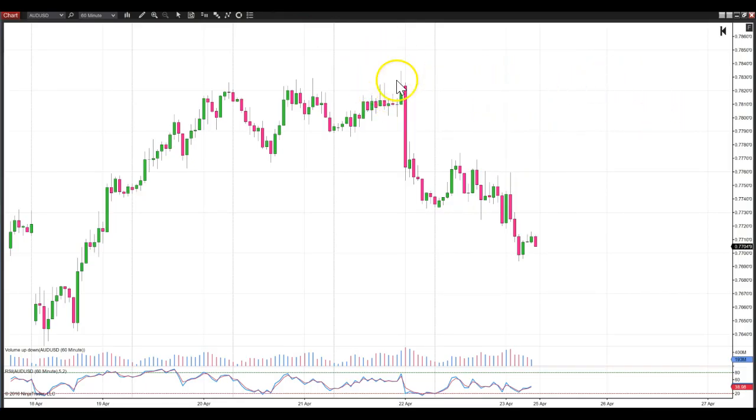Now, there's different ways to play this again. Your rules might be for counter trend trades, which is what this is, right? You're only looking for double tops, right?